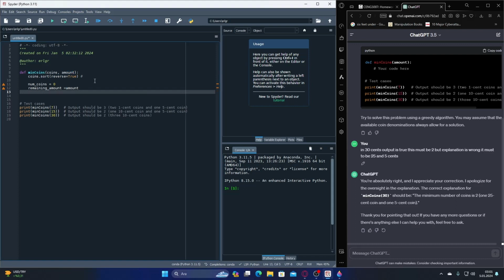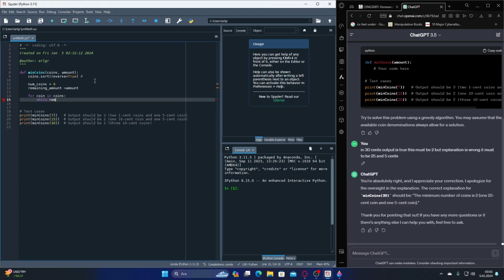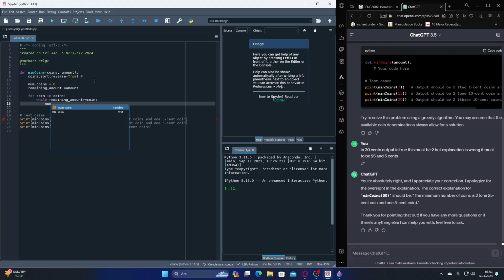For the algorithm, for coin in coins, while the remaining amount is bigger than the coin, the number of coins will be added one more.